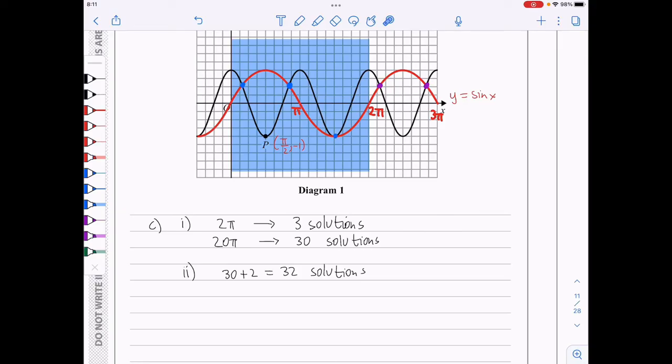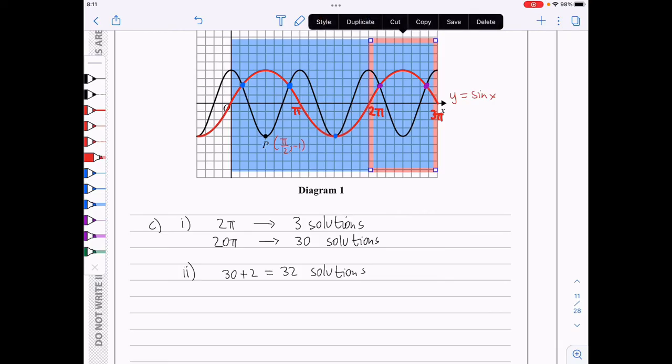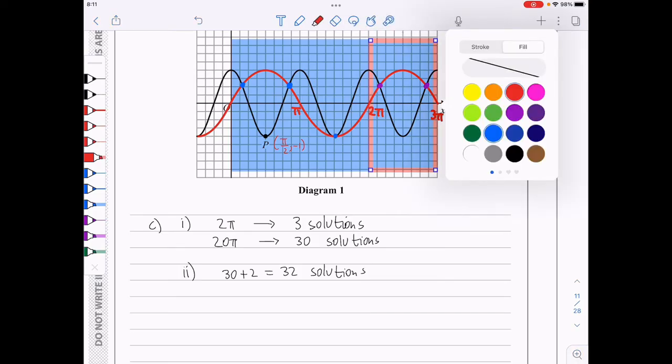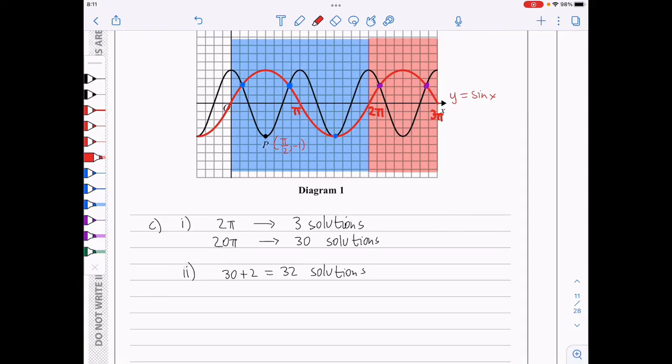So in a range of 20 pi, we'll have 10 times the number of solutions, so it's going to be 30 solutions. And then from 0 to 21 pi, we've got the extra 1 pi at the very end. So in that extra 1 pi, we've got this solution and this solution. So 2 more solutions. That's why we get the 32 solutions.